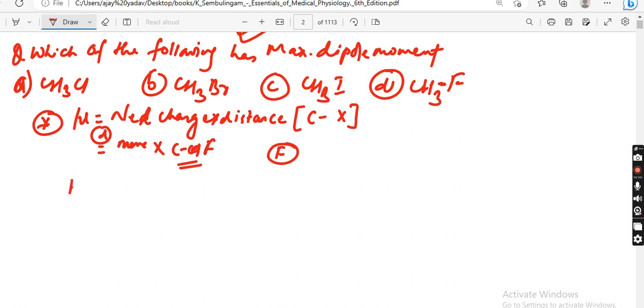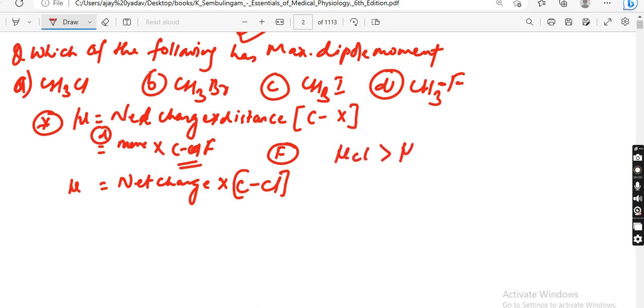In case of chlorine, though there is not as much net charge as compared to fluorine, the C-Cl distance is more here. So this makes mu of Cl greater than mu of F.